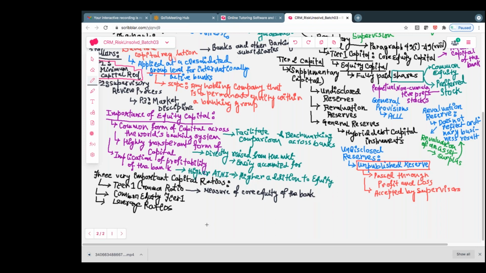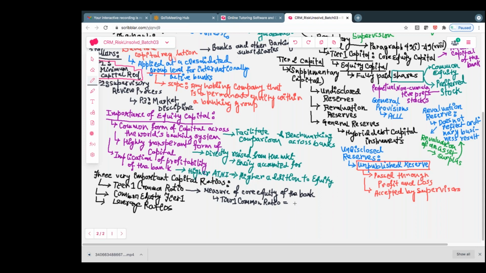So it's the measure of the core equity of the bank. So how do you actually calculate this? This is the tier one common ratio.